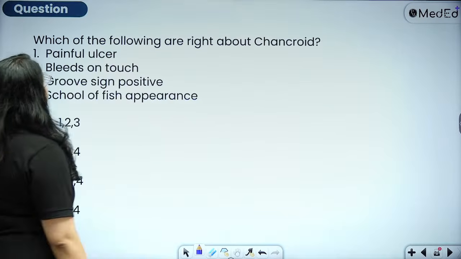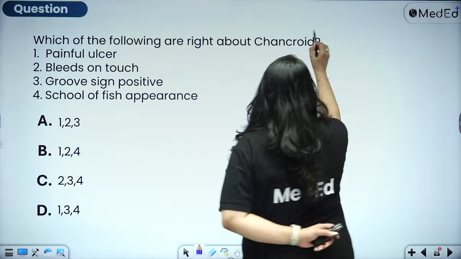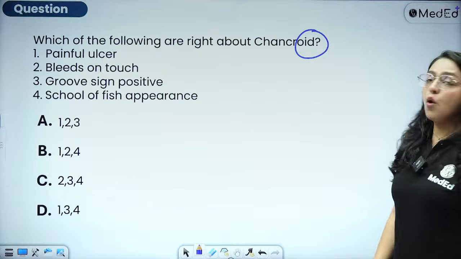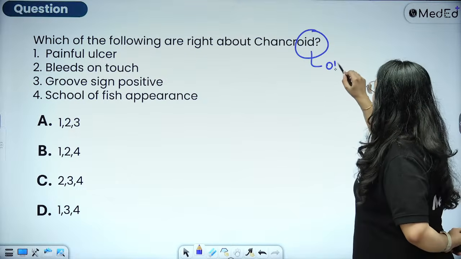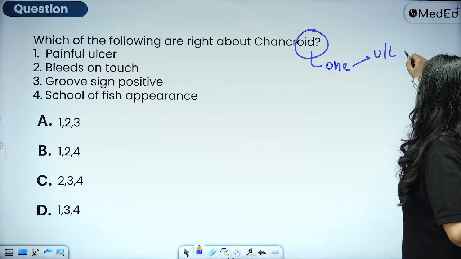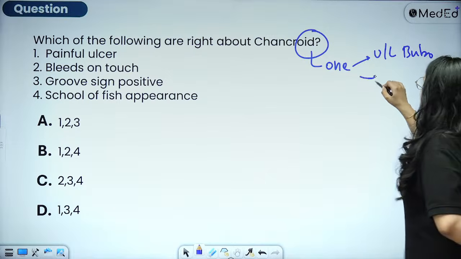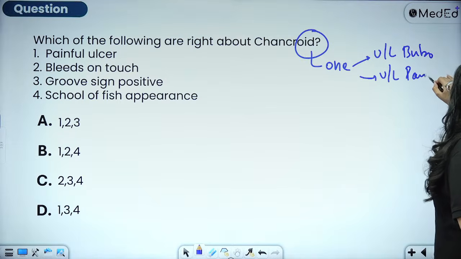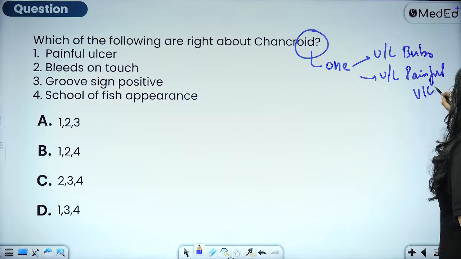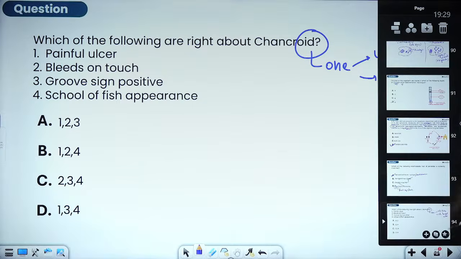Okay. Which of the following are right about chancroid? I have always told you, oid means one. One means unilateral bubo, unilateral painful ulcer. If you remember what we had drawn a while back.